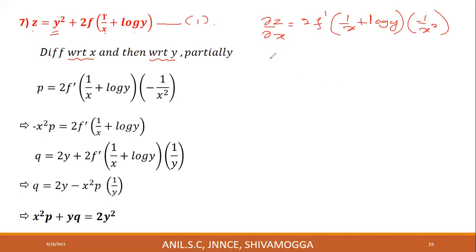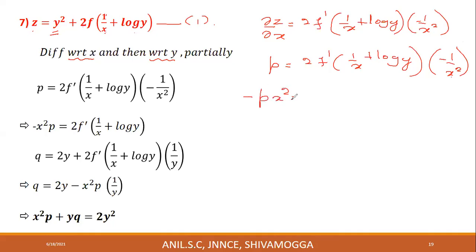And we know that del z by del x is denoted by p. This is equal to 2 into f dash 1 by x plus log y into minus 1 by x square. Or we can write this equation as minus x square into p, that is minus px square, is equal to 2 into f dash 1 by x plus log y. This equation.